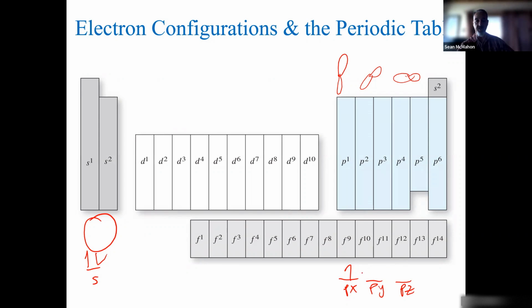The next electron, if it has a choice to go into PX, where there's another electron that repels, or an empty PY, is going to go into the PY. So typically they go into empty orbitals with parallel spins, and then once all the orbitals are halfway filled, you would start filling them up. Okay.